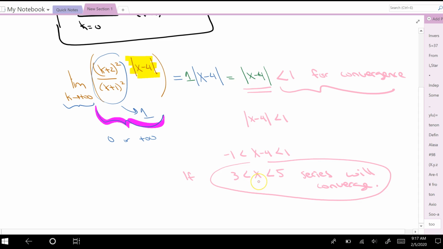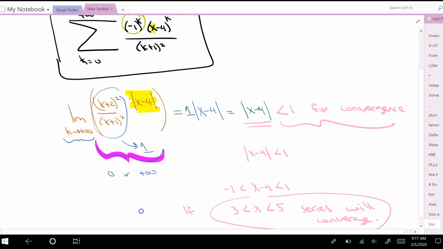By extension, if x is, for example, bigger than 5, let's say x equals 17, or if x is, say, -40, the series will diverge. So we now have these values between which x has to exist for the series to converge.